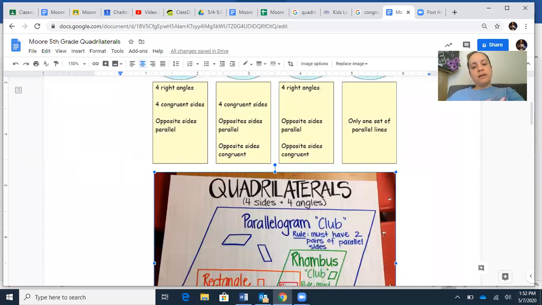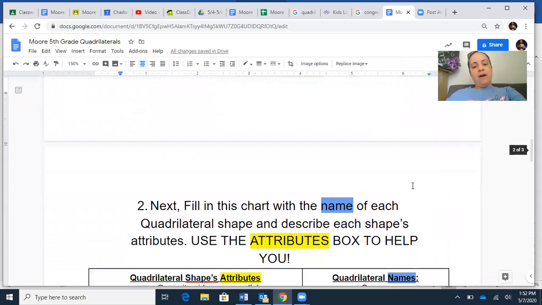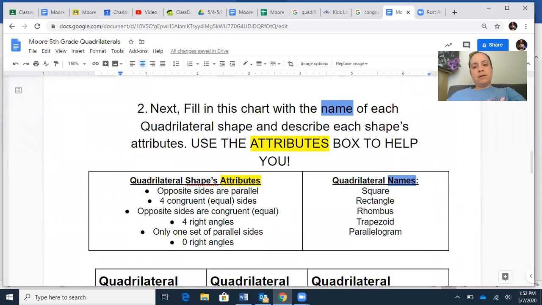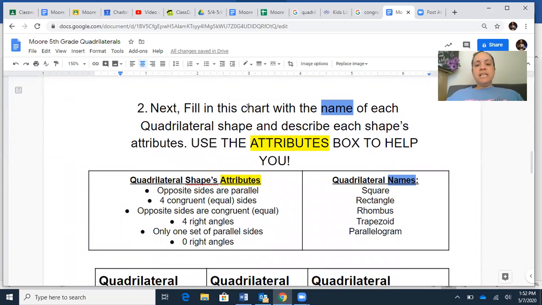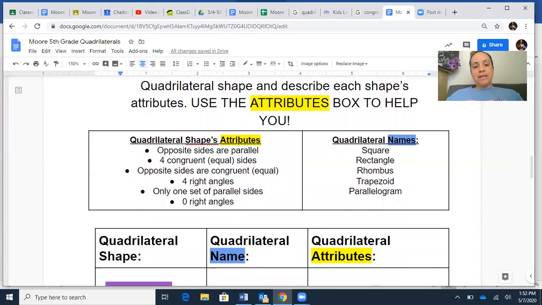Here's the two charts that I gave you. Now, this is your classwork. Next, fill in this chart with the name of each quadrilateral shape and describe each shape's attributes. Use the attributes box to help you. Here's my attributes box. Remember, attributes are the things that describe the shape.